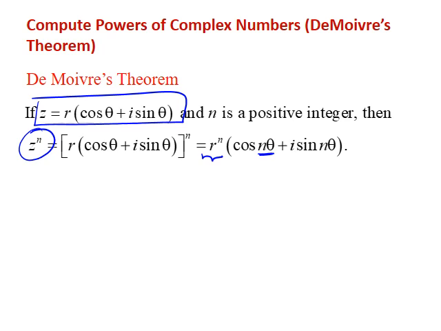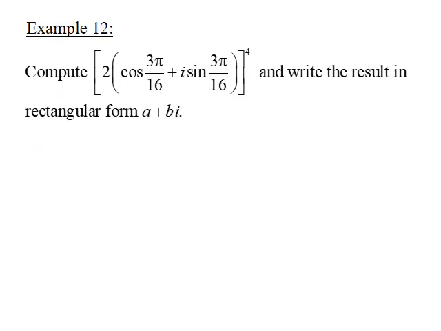Now, one thing I want to point out is that the complex number is written in polar form. Okay, so here we have a complex number written in polar form. The catch in this problem is that we want our result to be written in rectangular form, which shouldn't be that difficult if you know how to use your unit circle. So let's go ahead and see how this works.